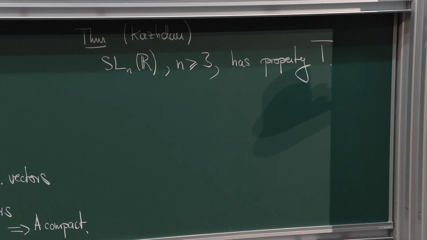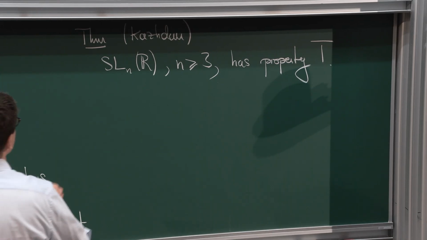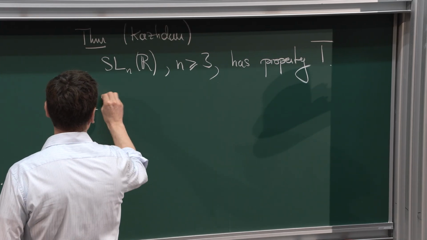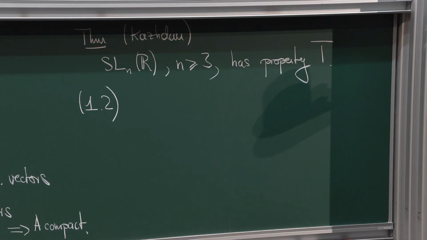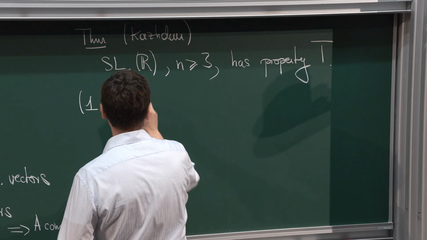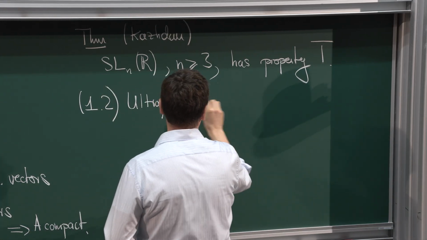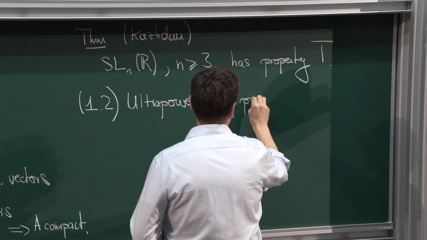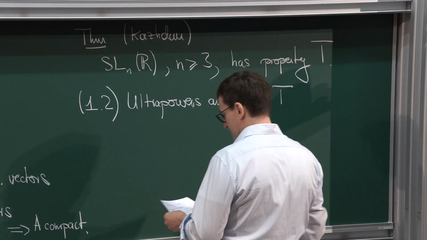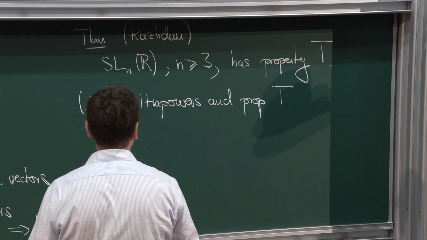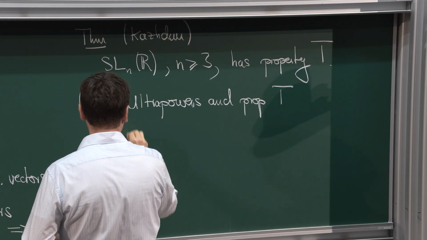All right. So let me now switch gears a little bit and introduce something that will play a role later on in the course. It's a technical tool that we need, and this is ultrapowers.